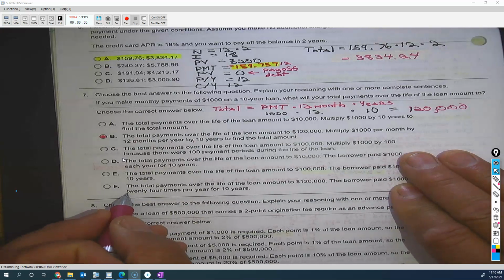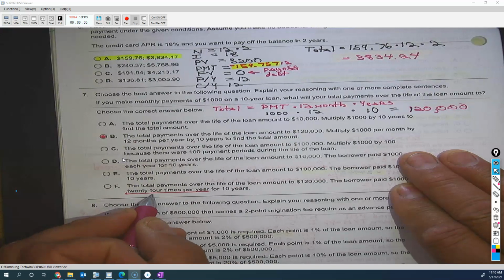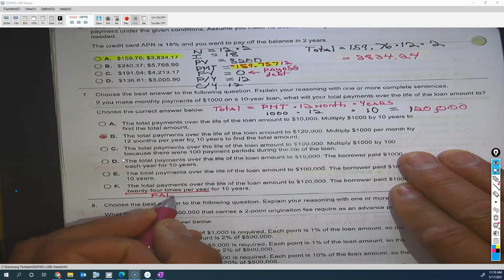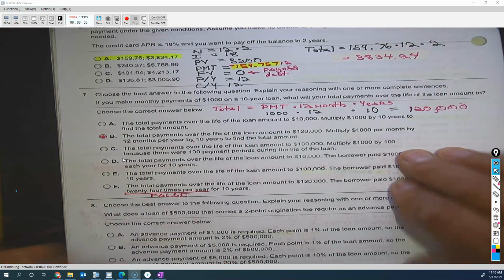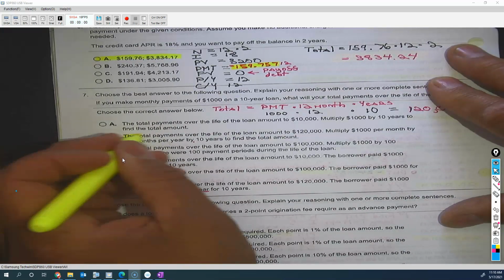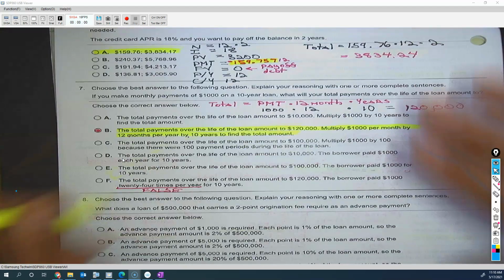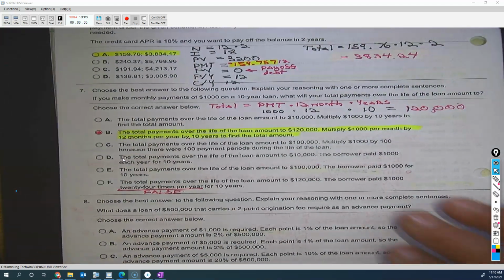Okay, this is false. So just be careful. Make sure you read the whole answer so you don't automatically pick one that you see 120,000 in.